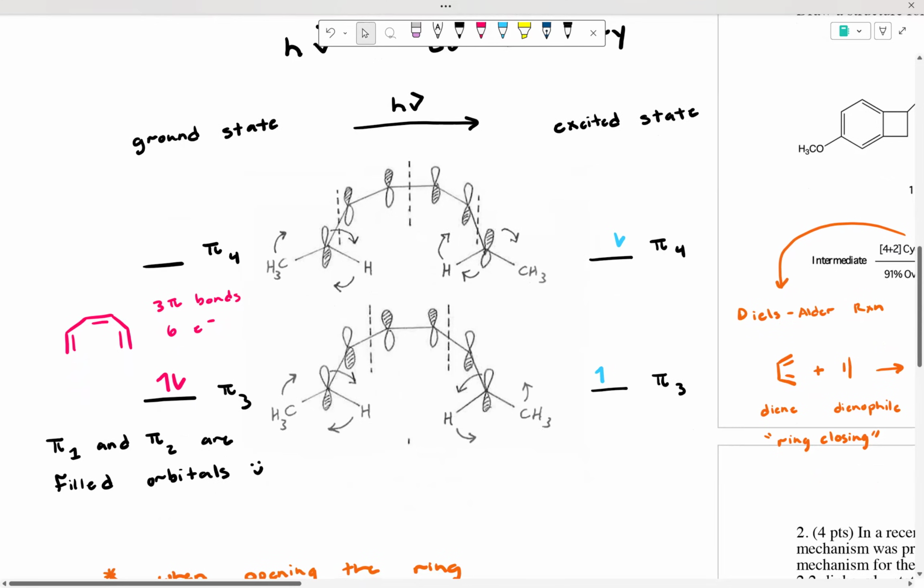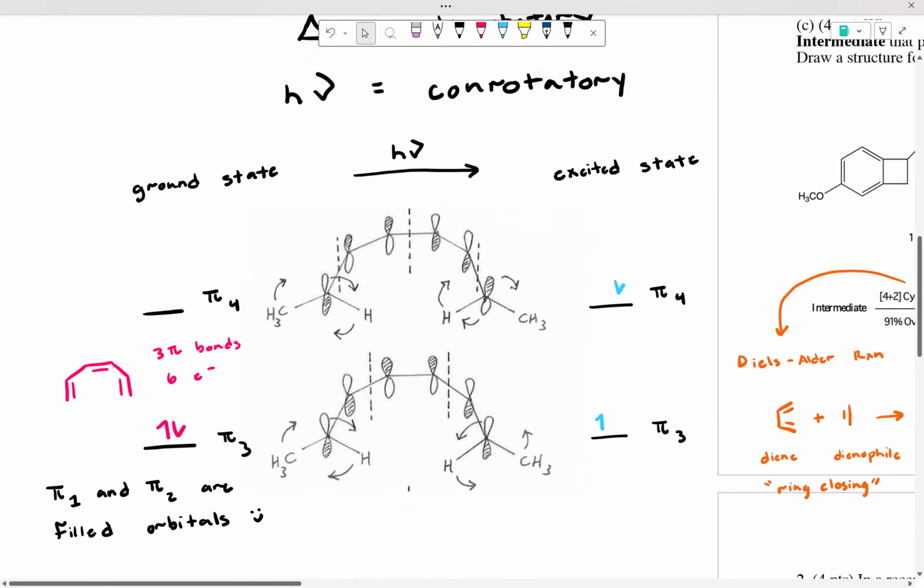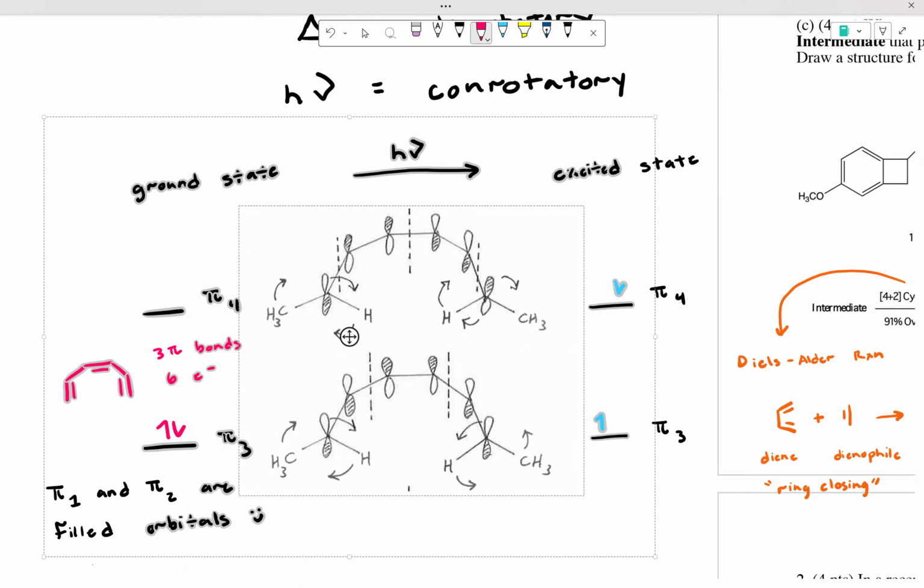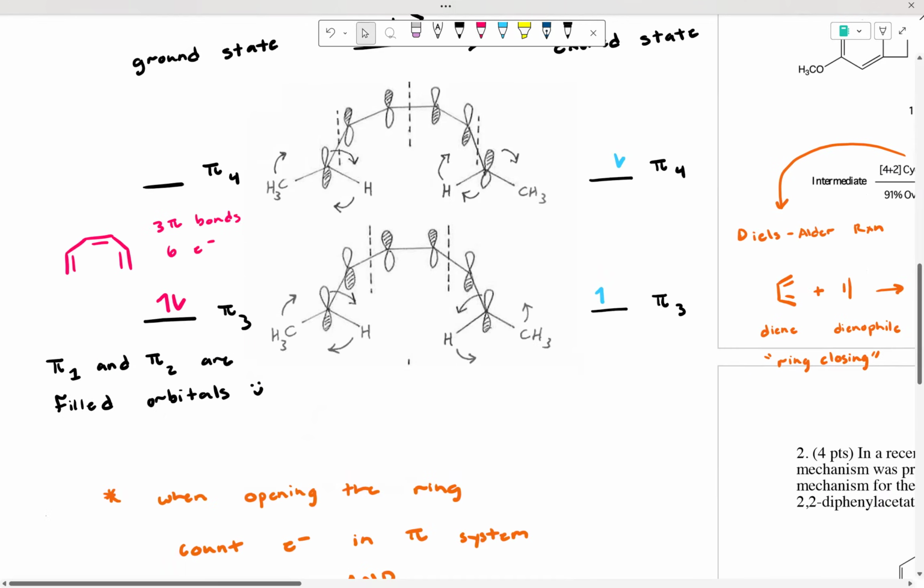We're going to imagine that the first 2 pi orbitals are filled for each side of this molecule. In the ground state, we're going to have 2 electrons in the pi 3 molecular orbital, and that's going to be our HOMO.